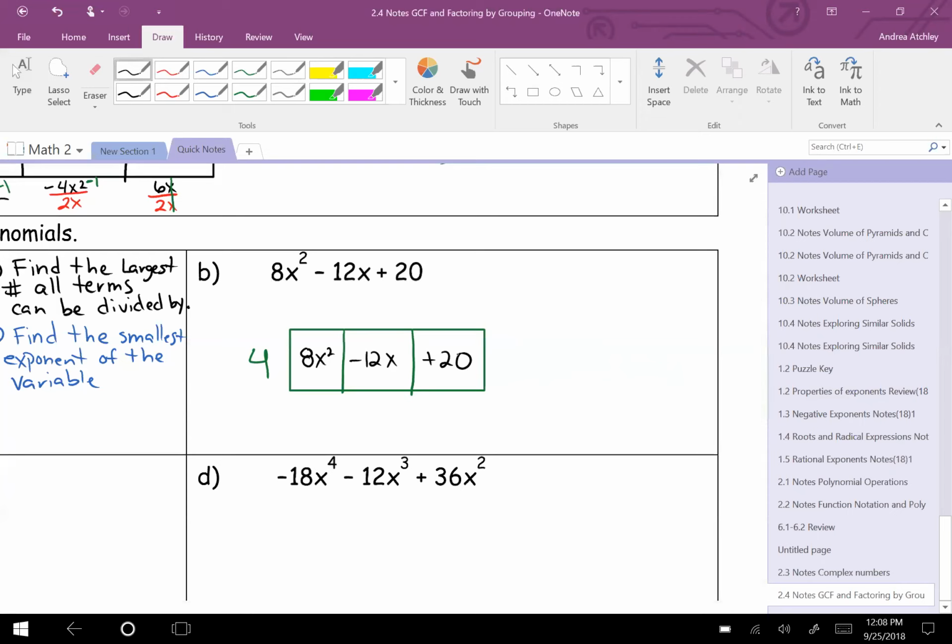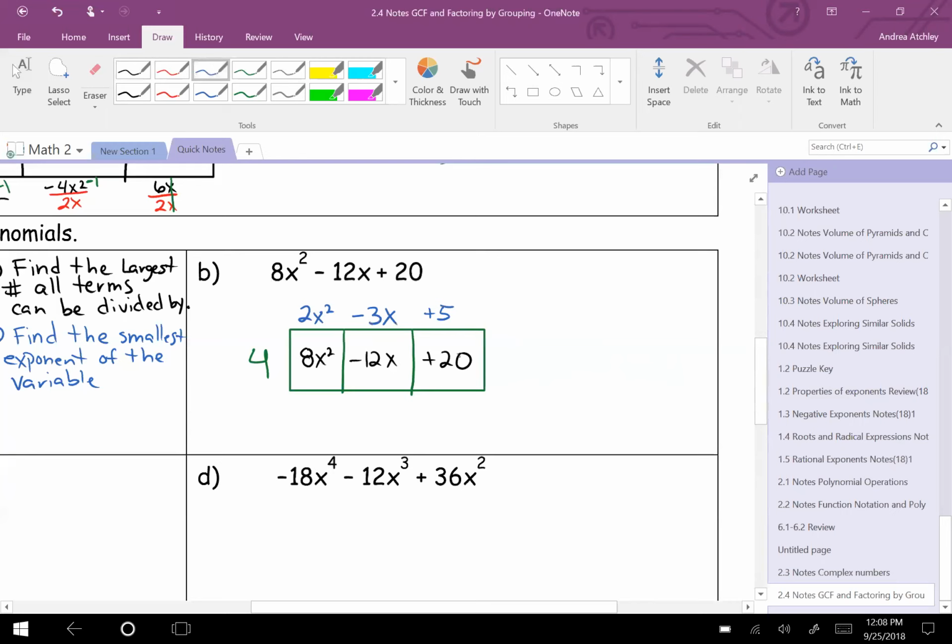Okay, Scarlett, what'd you get for the leftovers then? What went on top? Squared. Negative 3x plus 5.